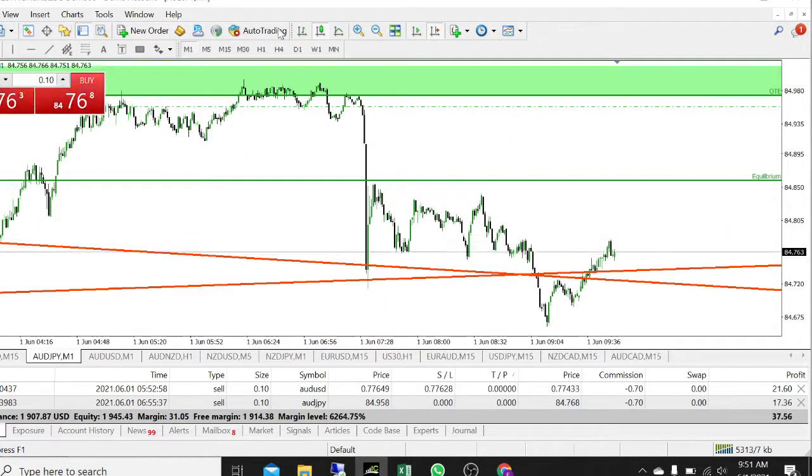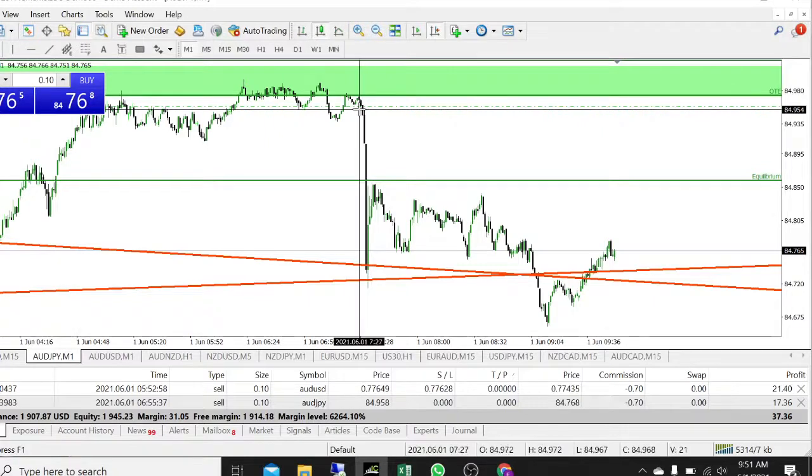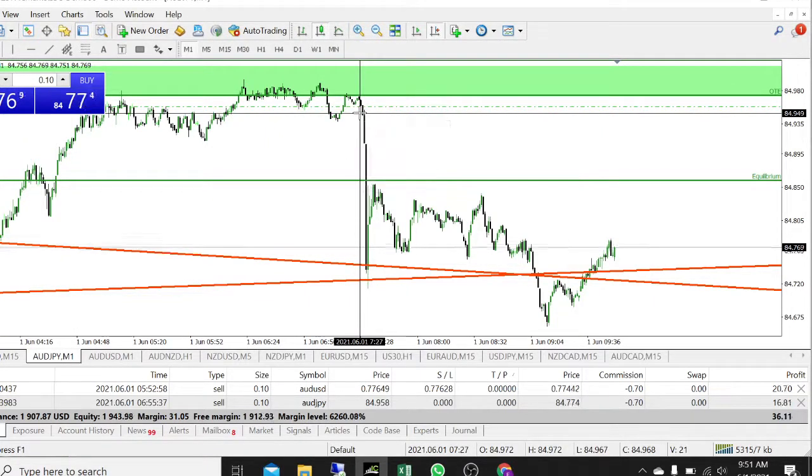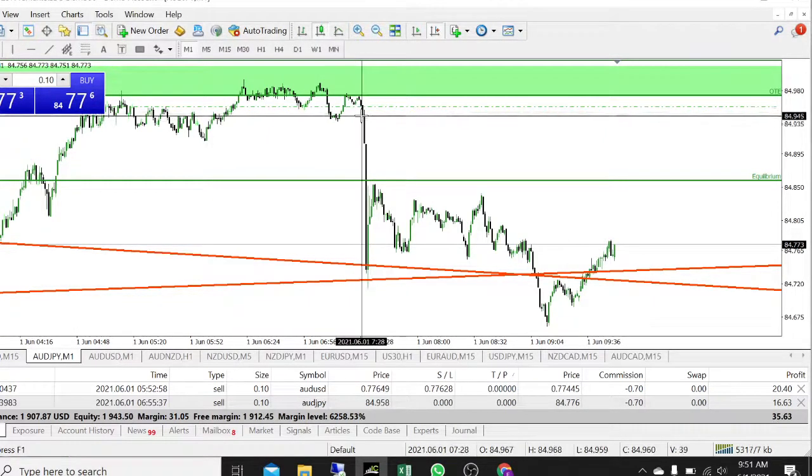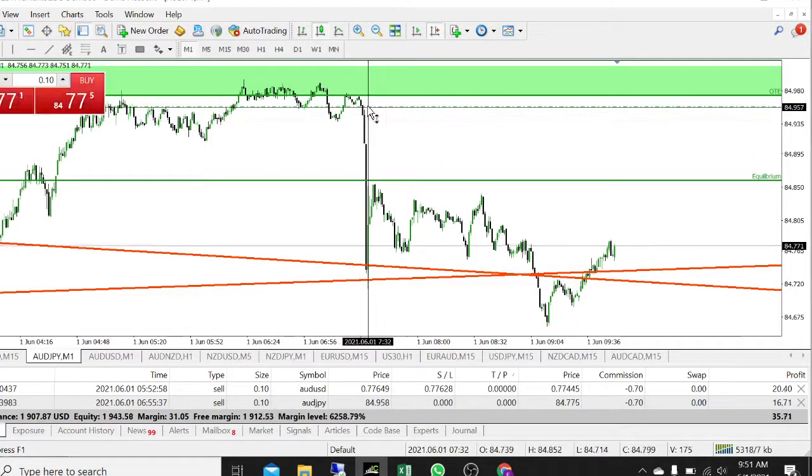So looking at the 1-minute chart, around 3 minutes before the news, I had entered, and the market went for almost 30 pips on profit.